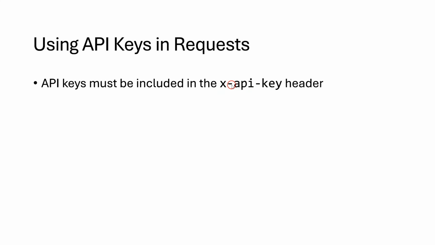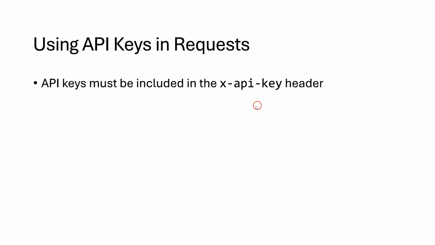They have to include this particular X-API-Key, this is the key, and the value should be the alphanumerical string which I have shown in the previous slide. That alphanumerical key you have to provide in the X-API-Key header section.